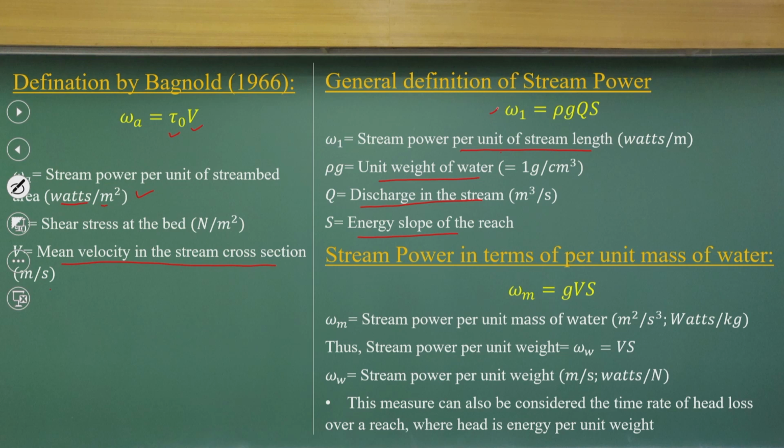If you look at it in terms of unit mass of the water, you divide by the mass of the water, rho times volume, and that gives stream power in watts per kg. That is what comes out as gVS.